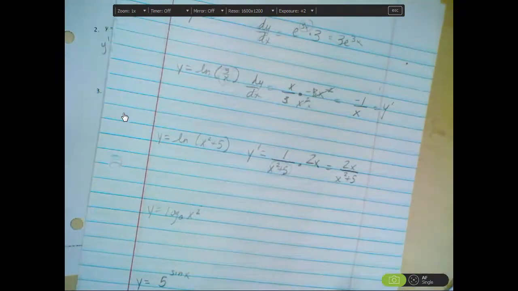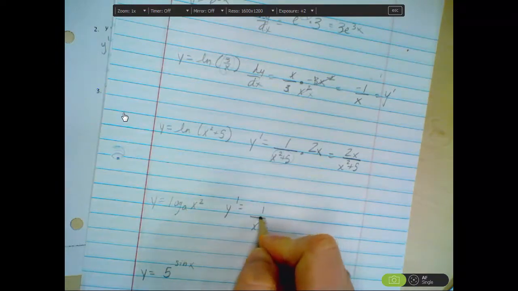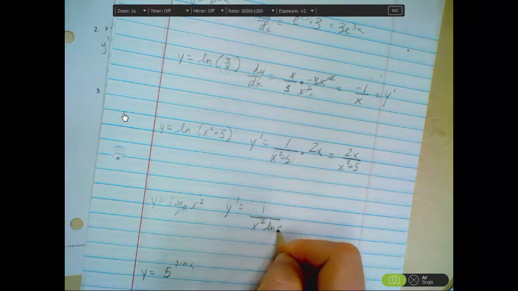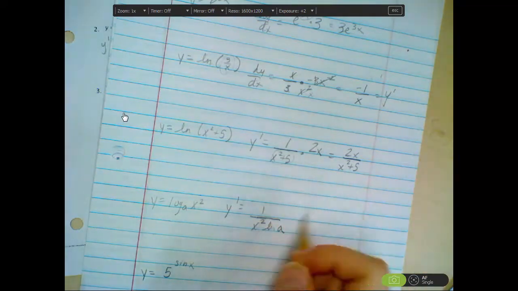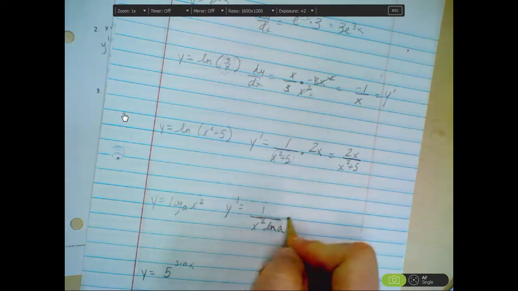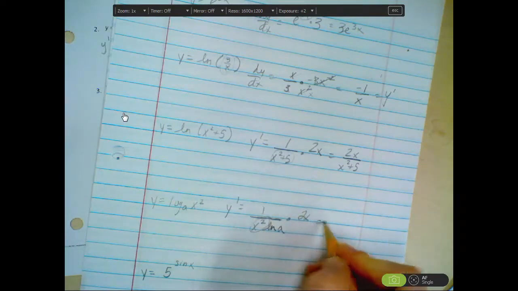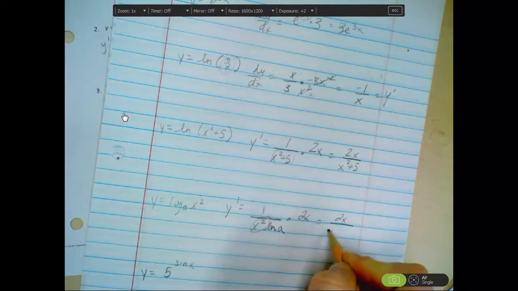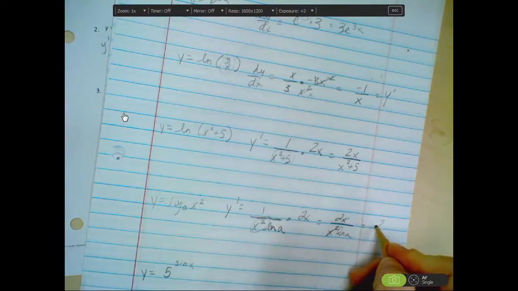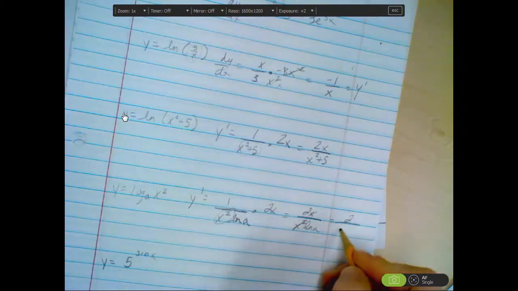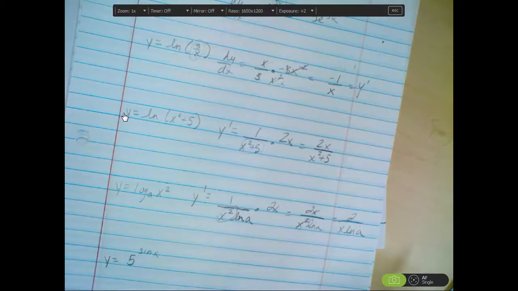Here we have log base a of x squared, so the derivative here would be 1 over x squared ln of a, that's right, times 2x, the derivative of this. So that would give you 2x over x squared ln of a. Those x's would cancel out. You would get 2 over x ln a. It's as far as you can go.